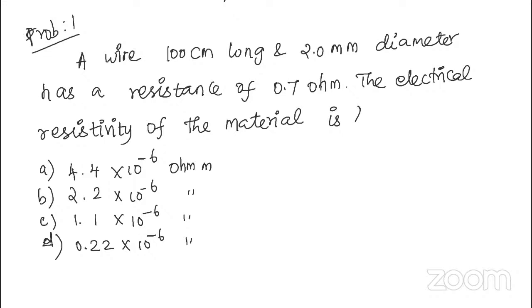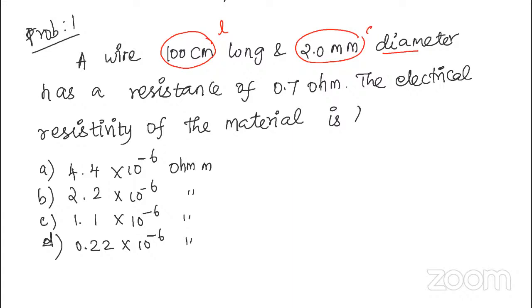So first we are writing the given values. The R value they have given, the L value they have given, and the A value they have given, right? Here it is the length value, L. For diameter, we can calculate the radius.